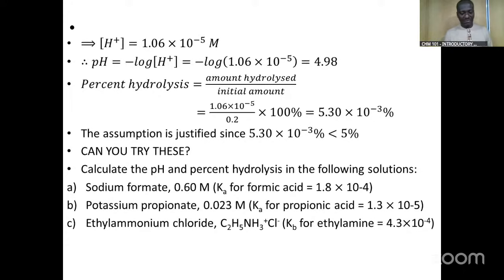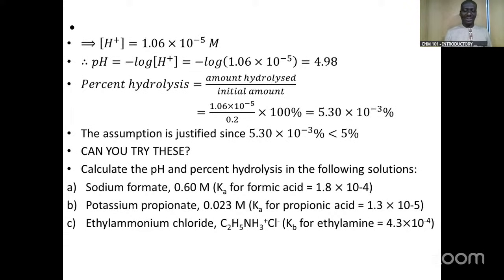Then this one is a base, ethylammonium chloride. That is from ethylamine and a strong acid. Ethylamine is a weak base. HCl is a strong acid, that's hydrochloric acid.